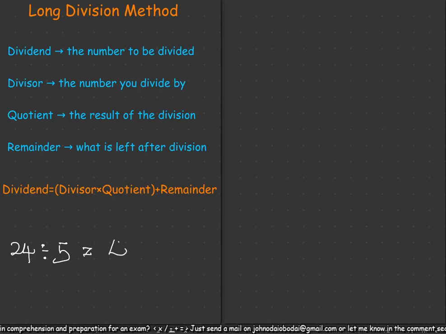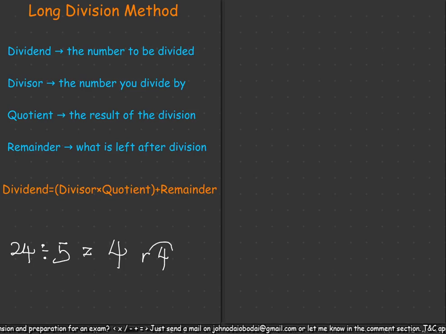That will be a 4 whole number, then there will be a remainder of 4. This 4 here is the result of your division, and we call that the quotient.